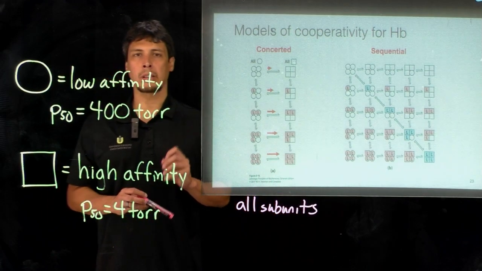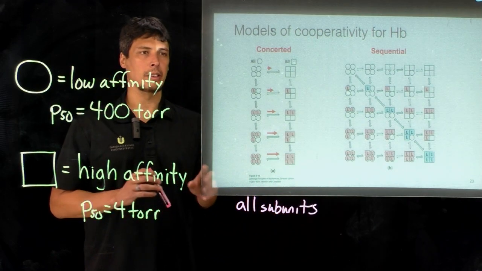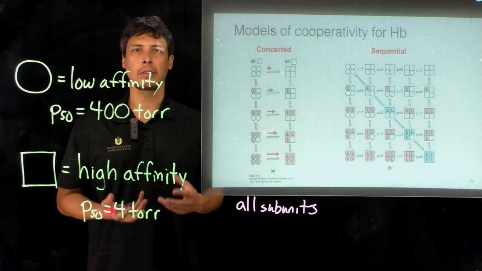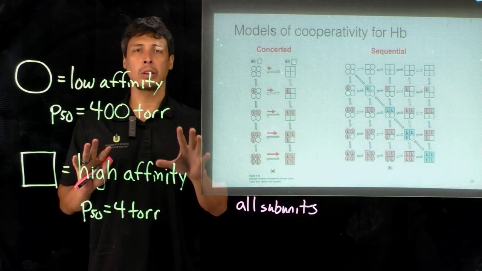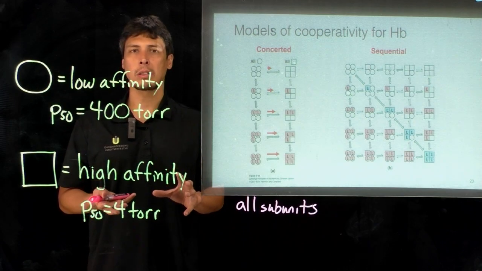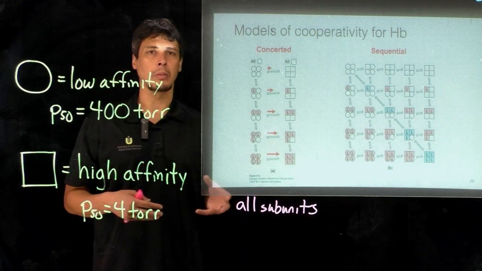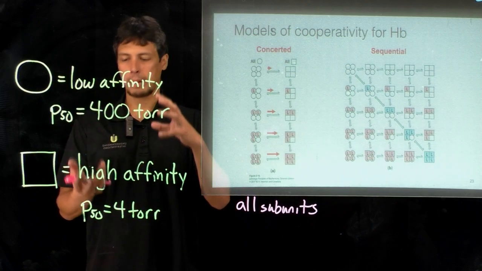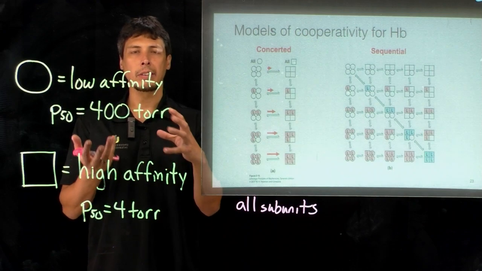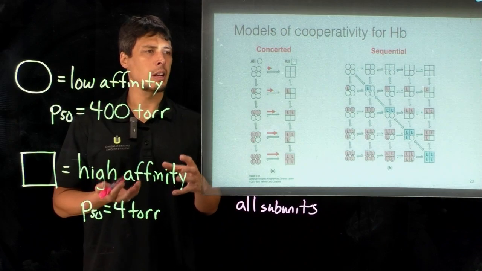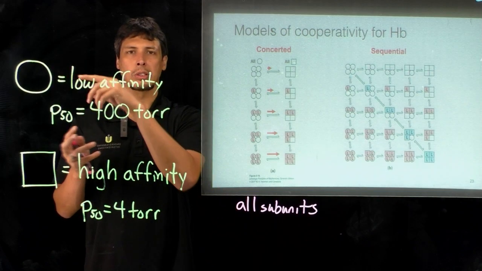Now the important key aspect of this is that what this implies is that there has to be some sort of way of communicating. Because remember, we know that the ligand binding site is not responsible for the different functions between myoglobin and hemoglobin. So that must mean it's something about the tetramer. It's something about having a tetramer versus a monomer. And what that something is, is that the subunits are able to talk to each other.